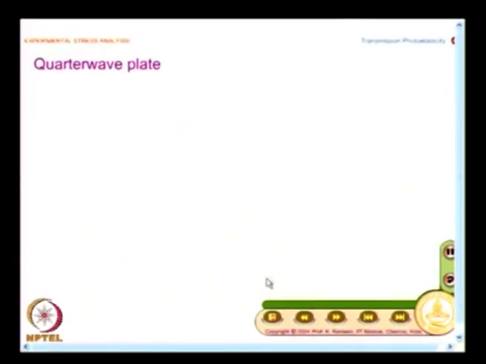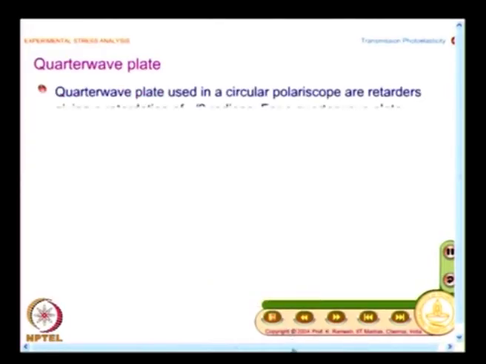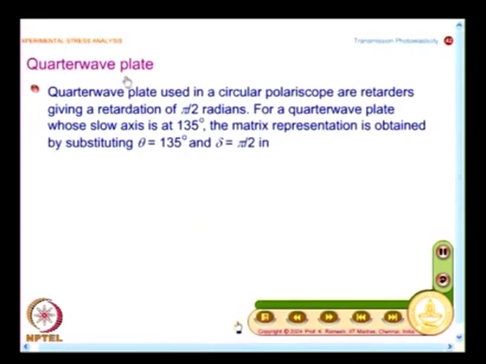Only when I come to a quarter wave plate, I need to have a look at how it is oriented, and it is a retarder, but the retardation is known. A quarter wave plate gives a retardation of pi by 2 radians. Quarter wave plates used in a circular polariscope are retarders giving a retardation of pi by 2 radians.